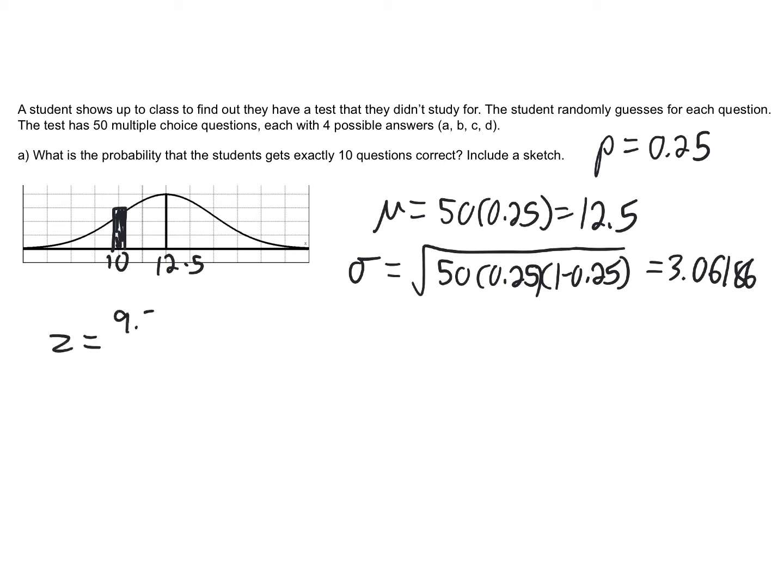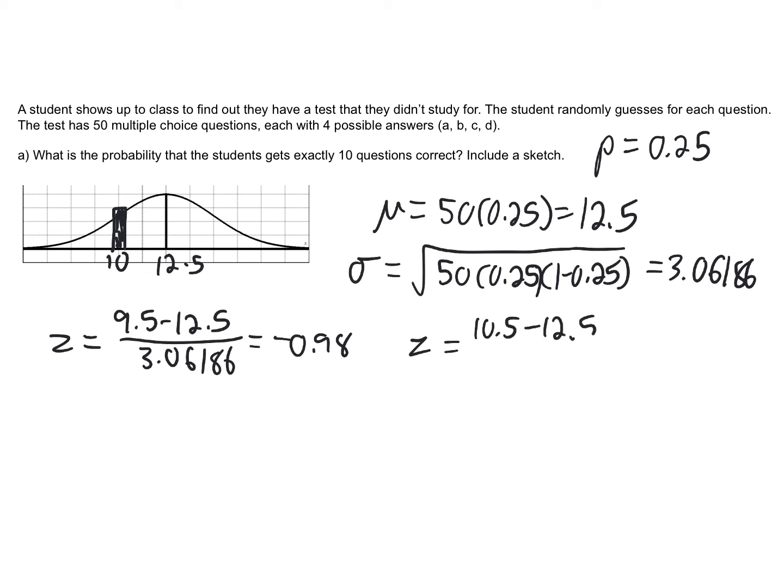So we have 9.5 minus 12.5 over 3.06186, which is negative 0.98 for z, and then the second one is 10.5 minus 12.5 over 3.06186, which is negative 0.65.